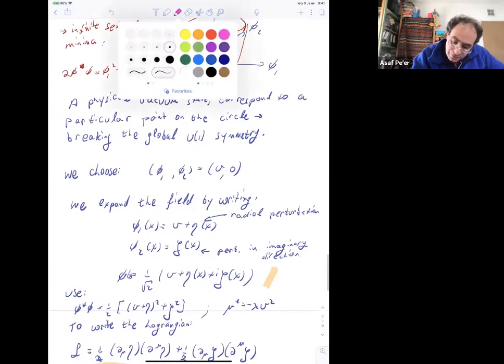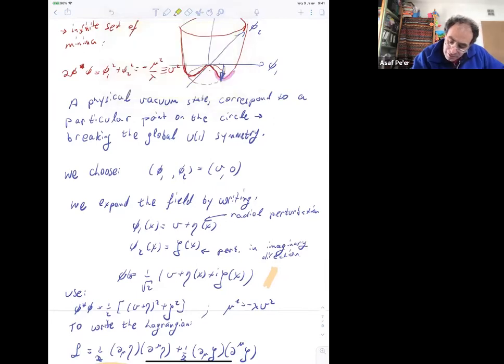So the psi would correspond to excitations in this direction, where the potential is not changed. I start from the minimum point, then I try to shift it a little bit. The potential doesn't change. And I get a field which is massless. There's no mass to these fields in this direction. Okay.